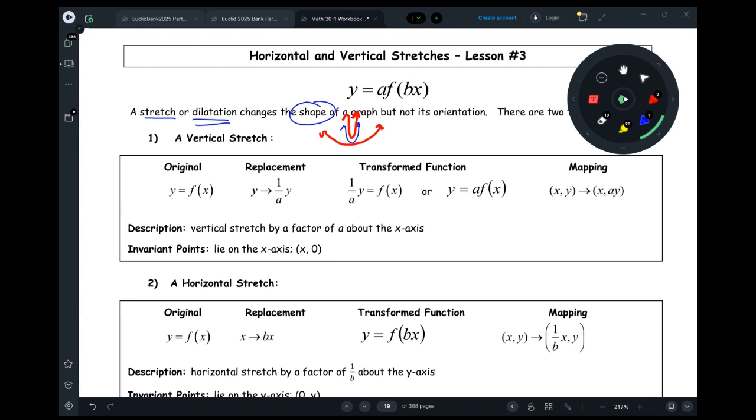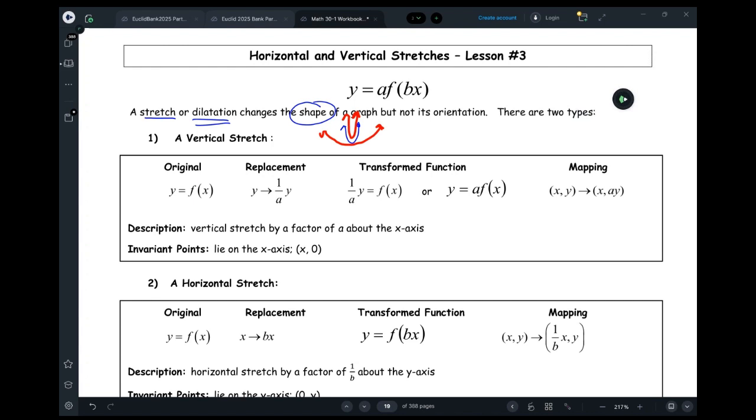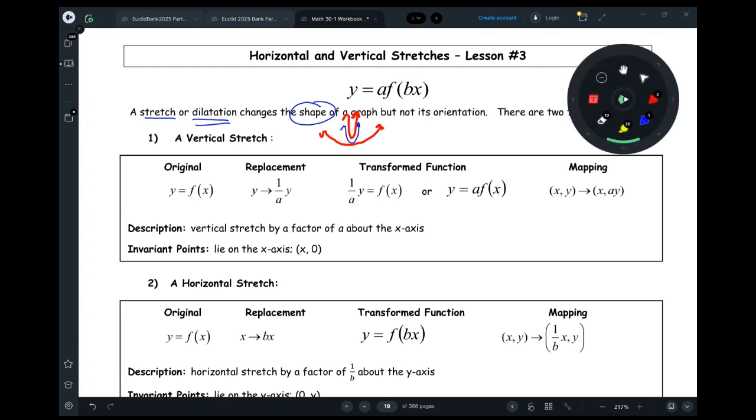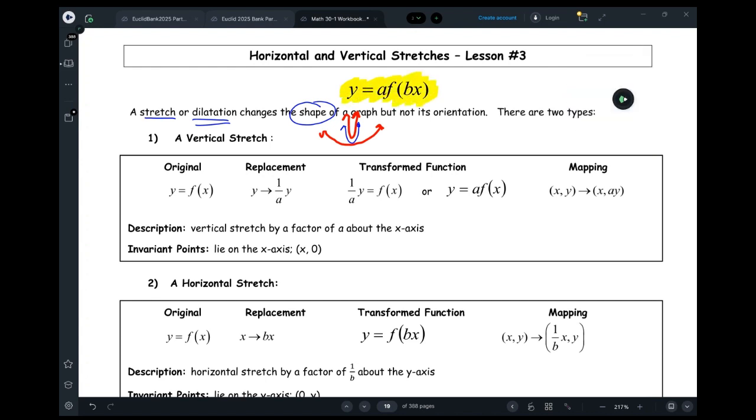And here's how we do it. I want to make sure that you understand the notation up here. Let's apply the order of operations. First of all, we've got this function, f of x. This is our old function, and we're going to create a brand new function with it by doing something to the old one.